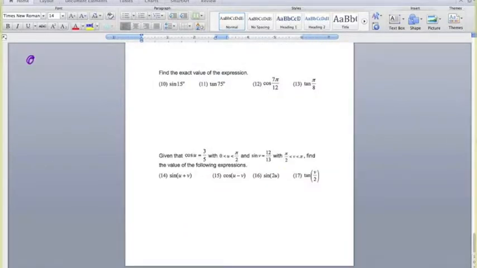Okay, so for the last group of problems, we're going to draw the two triangles indicated by the directions. So the first one says that our u angle is between 0 and pi halves, which is between 0 and 90, and that cosine, adjacent over hypotenuse, is 3/5. The opposite side of that would then be 4.